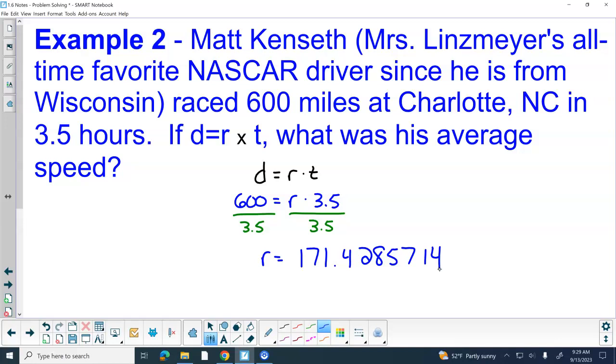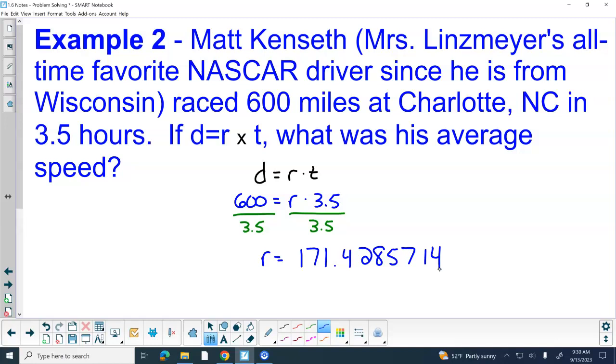Or if we were making televisions, we couldn't have 171.4 televisions, right? So then we would have to either round up to 172 or round down to 171. We would have to determine which one of those would be the best to do.